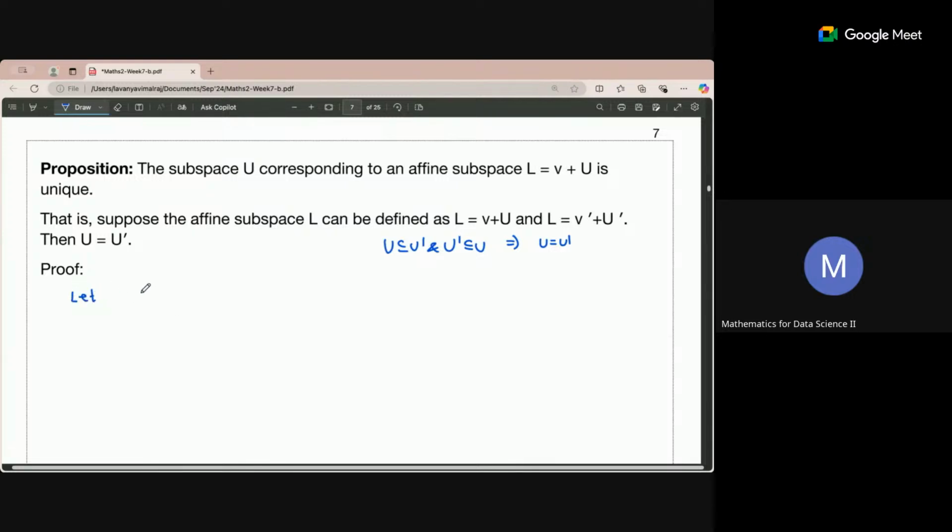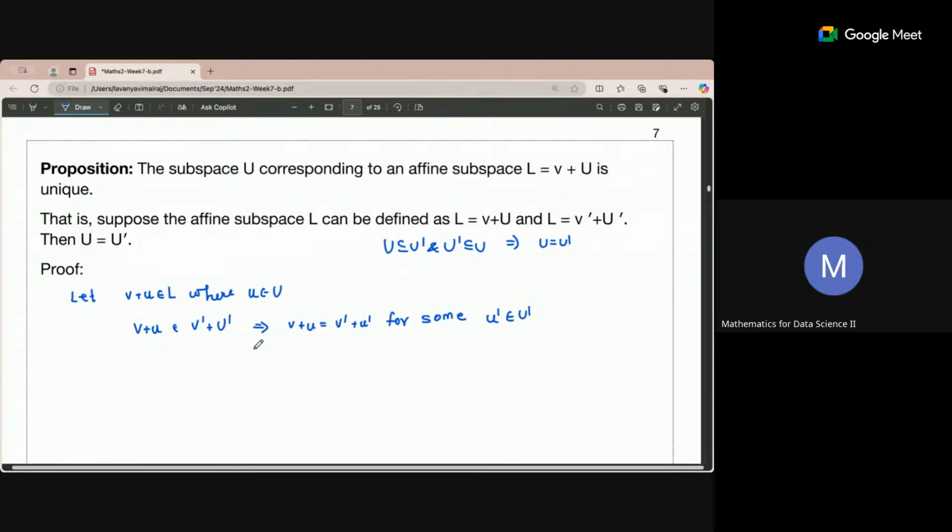So let us take some element from L. Some element from L is of the form V plus U, so I will write V plus U belongs to L where U belongs to U. Now V plus U also belongs to this other kind of representation, so I can write V plus U as V dash plus U dash for some U dash from U dash.